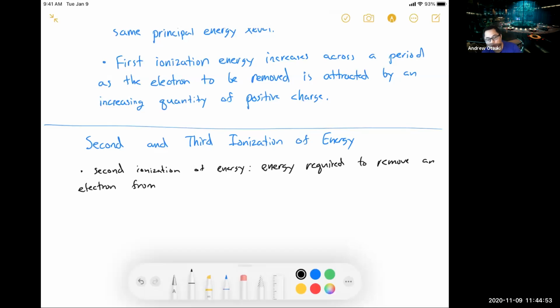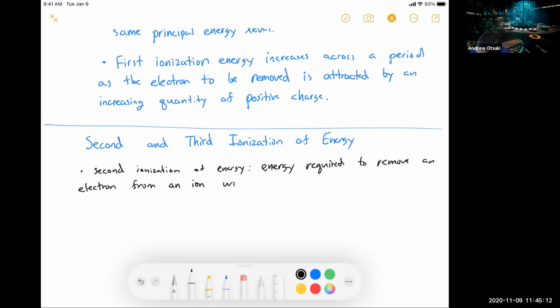So as you move towards the second and third ionization energies, they tend to increase dramatically because it's much harder to remove something with a net positive charge, because the attractive force is even stronger than before.